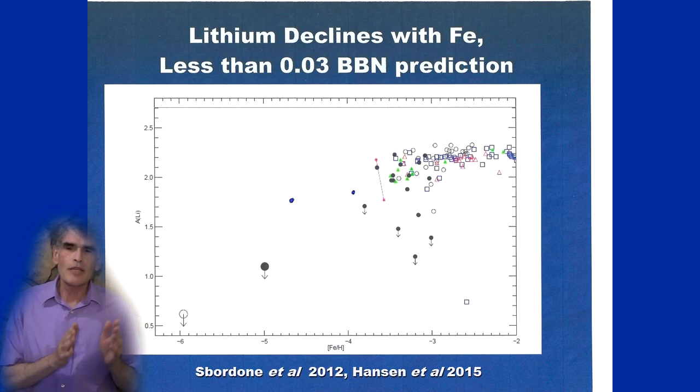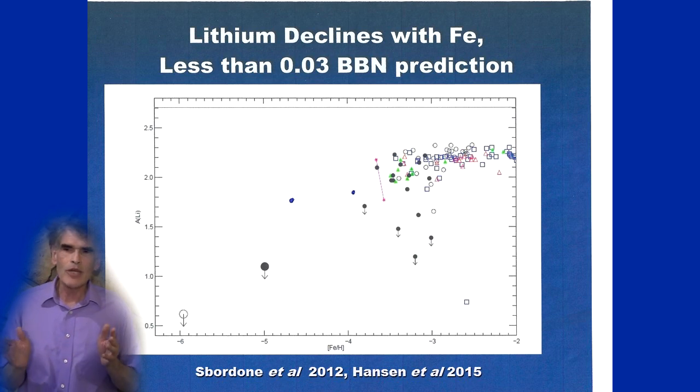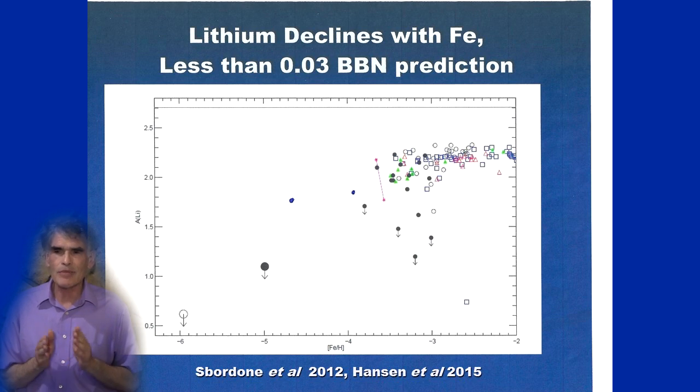Now, if you go to less and less iron and purer stars, the problem gets worse because the spike plateau sort of starts to melt down. There are stars with considerably less lithium than the spike plateau. And if you get beyond a few thousand times less iron than our sun, the spike plateau disappears, and you get less and less lithium as you go to the left-hand side of the diagram, all the way down towards 0.